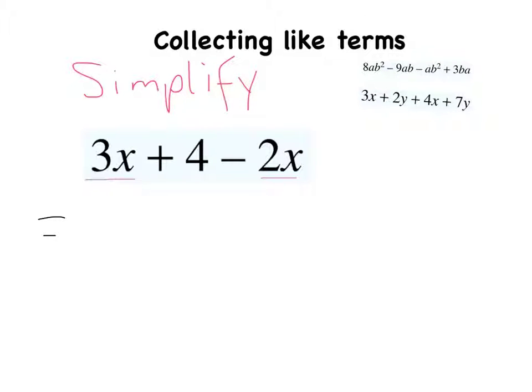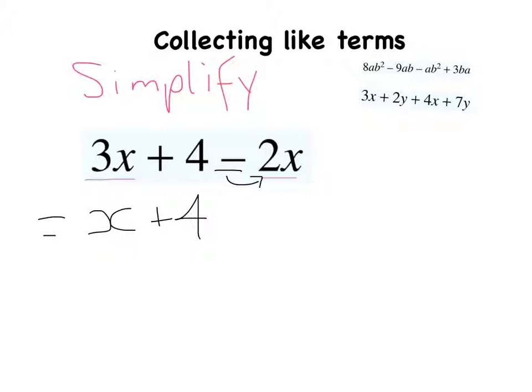Now I know it's a subtract because this sign here belongs to whatever value comes directly after it. So 3x subtract 2x is 1x. A reminder, I do not write the phrase 1x. 1x is simply written as x. So it becomes x. Now my 4 I can't group because I don't have a similar like term. So it becomes x plus 4.